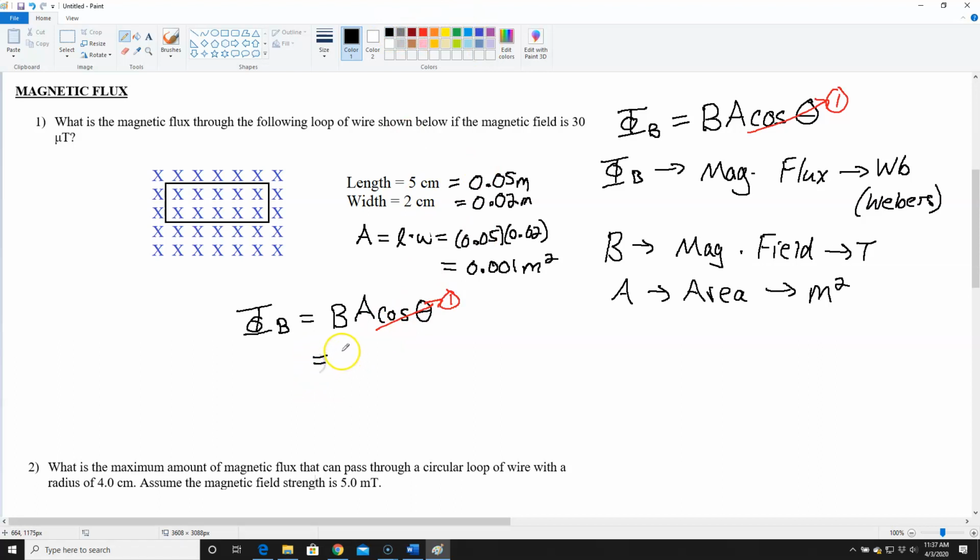The magnetic field strength is 30 microteslas, so 30 e negative 6 times 0.001, and punch that into a calculator, we get 3 times 10 to the negative 8th Webers.